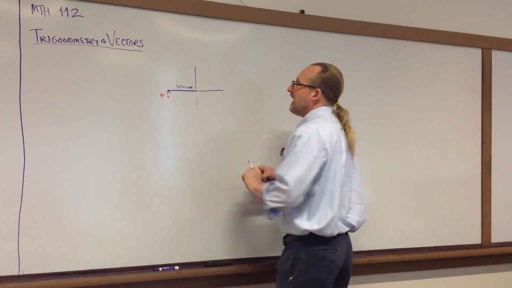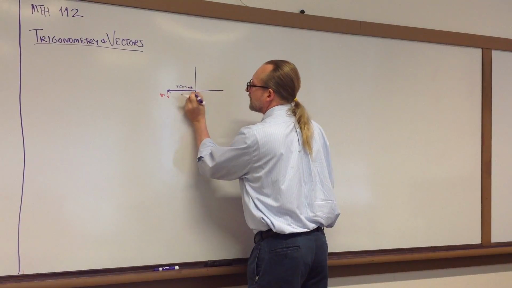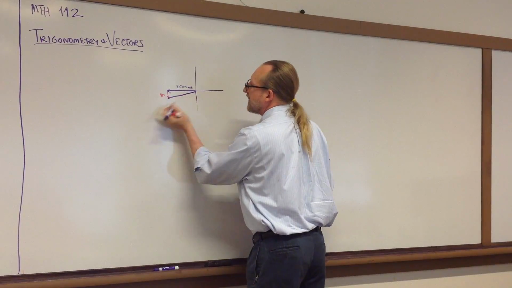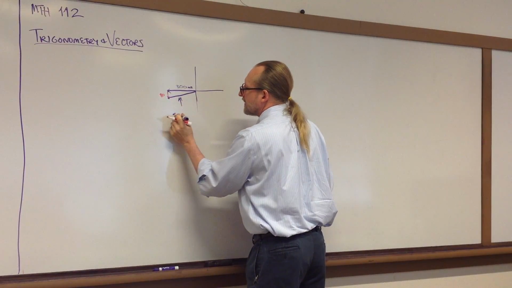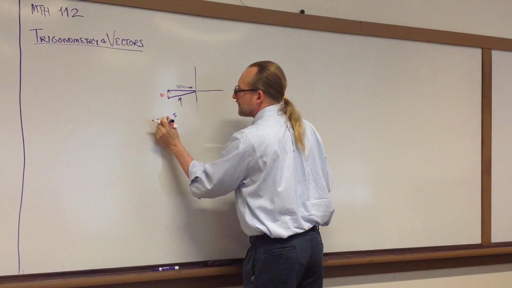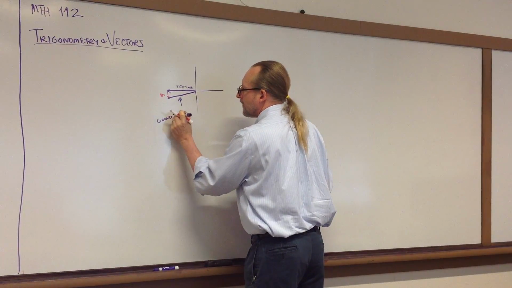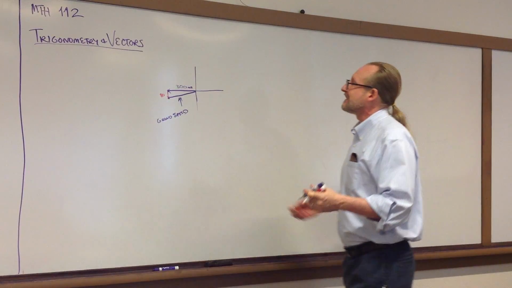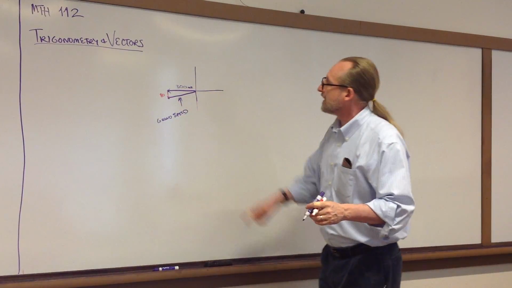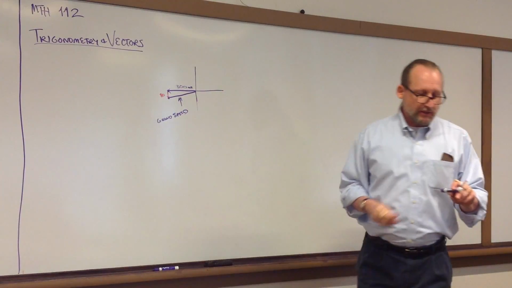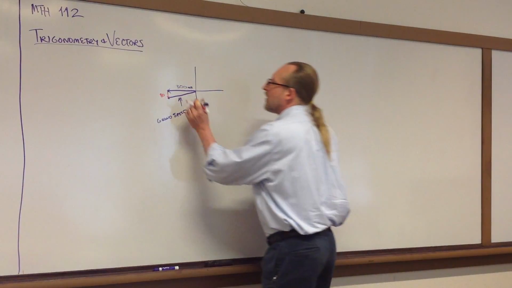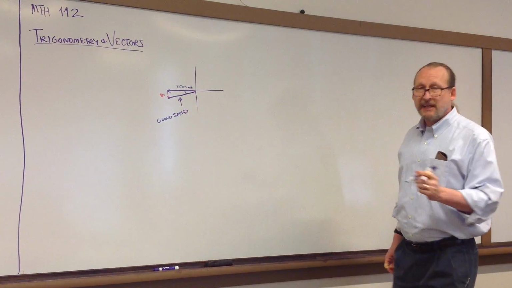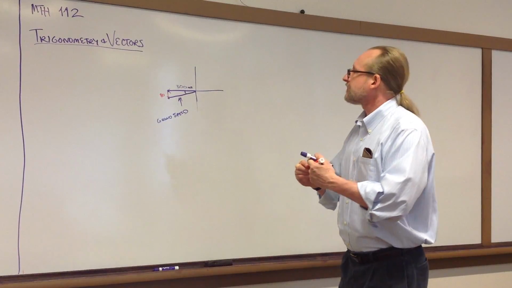Then we connect the center of our diagram with the tip of the wind vector, and the length of this will represent what's called the ground speed of the airplane. It has an airspeed of 300 miles per hour, but that doesn't take into account how the wind is affecting it. The ground speed will take that wind into account. And also, we're going to find out what this deviation is from the planned flight path of the airplane.